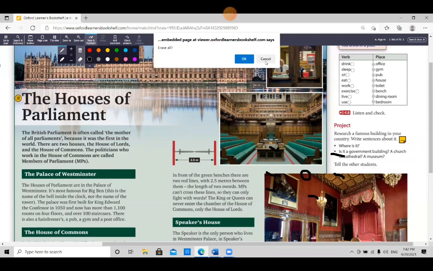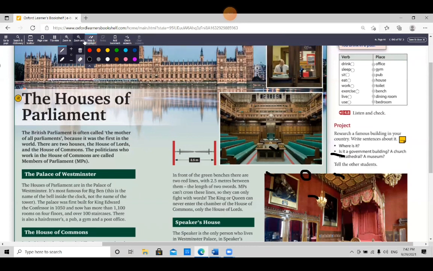The Houses of Parliament is often called the mother of all the parliaments because it was the first in the world. There are 2 houses, the House of Lords and the House of Commons.